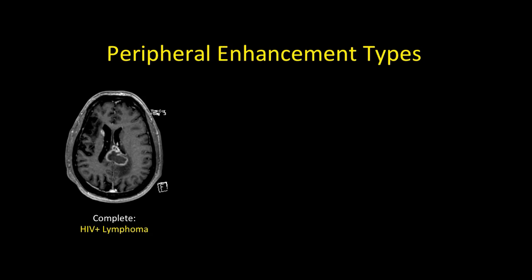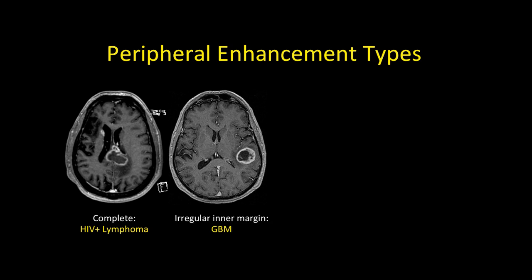And just further on peripheral enhancement types, if you have complete enhancement in this patient with immunocompromised HIV-related lymphoma, it's usually smooth, complete peripheral ring enhancement in a periventricular distribution. Again, another case of complete enhancement, but this time it's not smooth, and you notice that the inner margin is irregular and nodular.